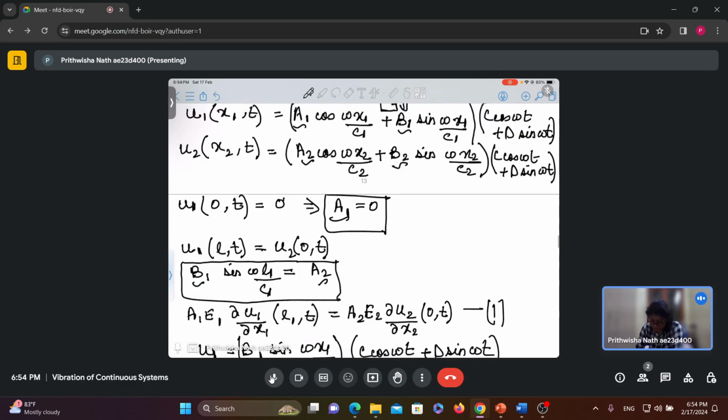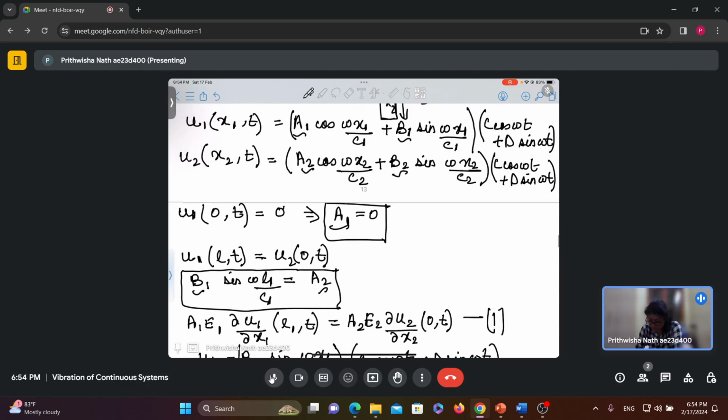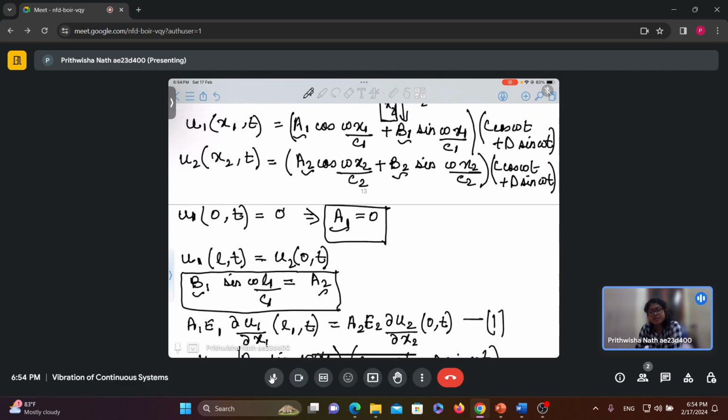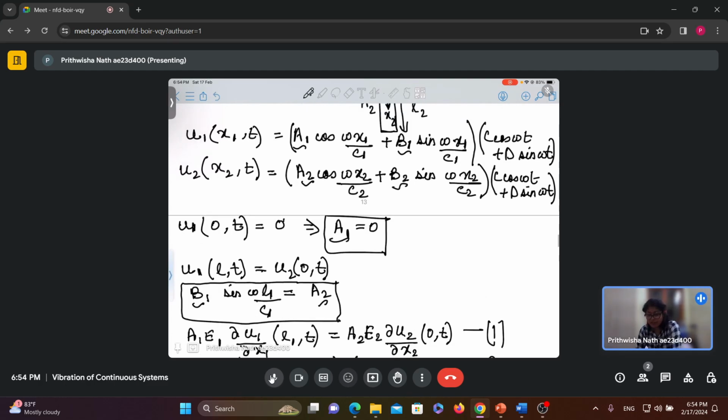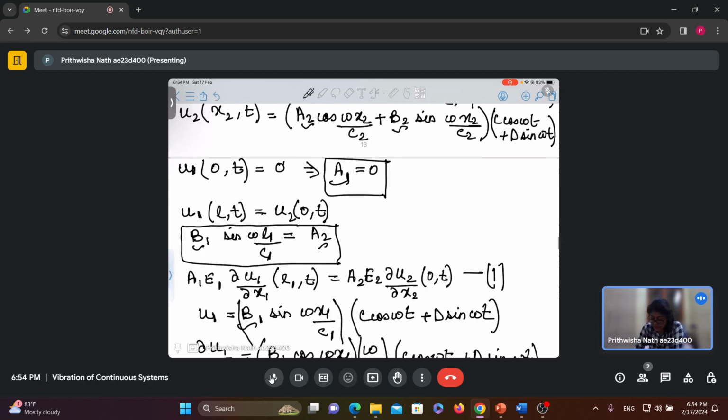So from this condition, after substituting x1 as L1 and x2 as 0 in these two above equations, we get B1 tilde sin omega L1 by c1 equals A2 tilde. In place of x2, if we substitute 0, we get only A2 tilde. So this is another condition which we get.